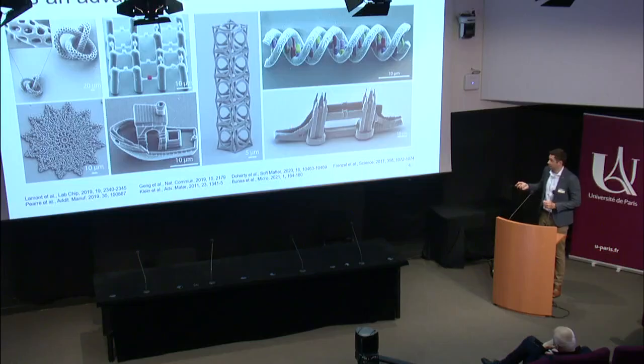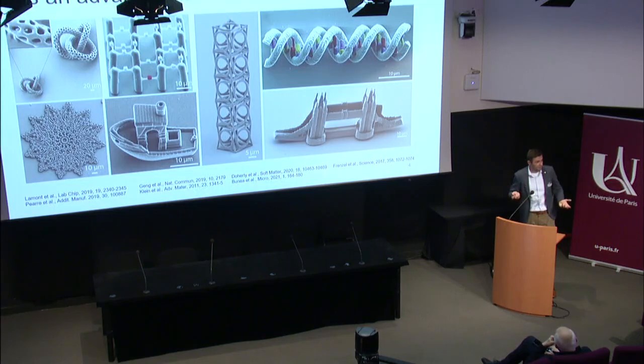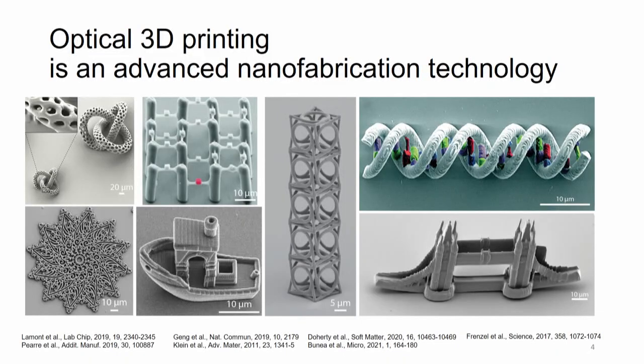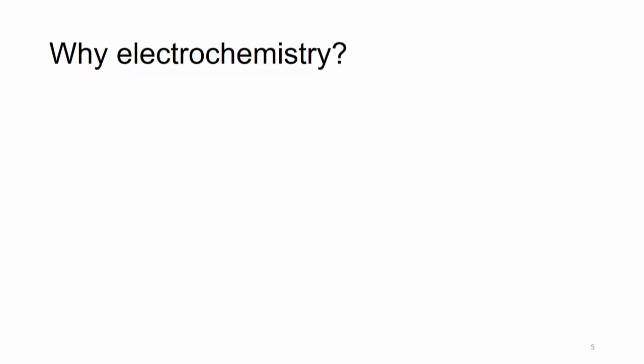And here, basically, you're sort of stuck with the photopolymerizable resins, which most of them are actually insulators. So it works really well, but it's really difficult to use it for real applications where you need conductive structures.